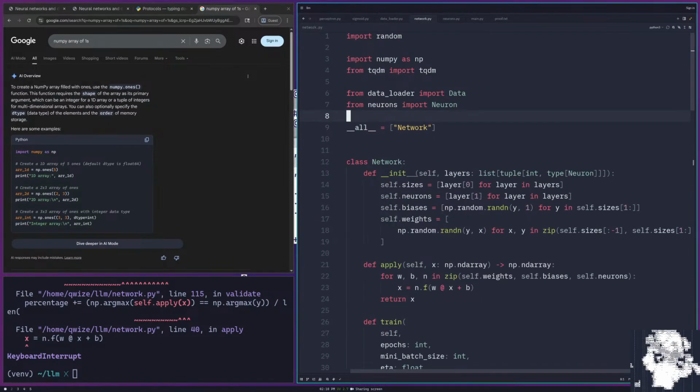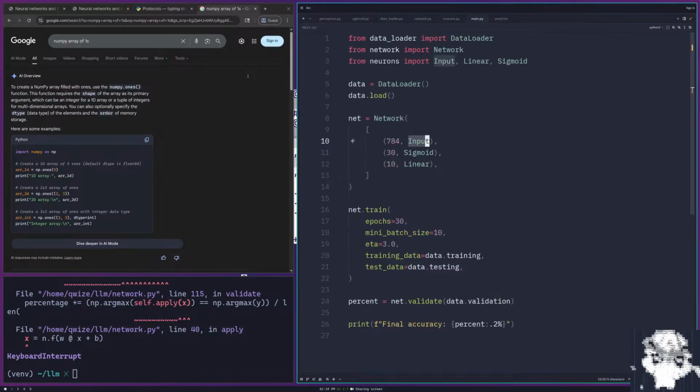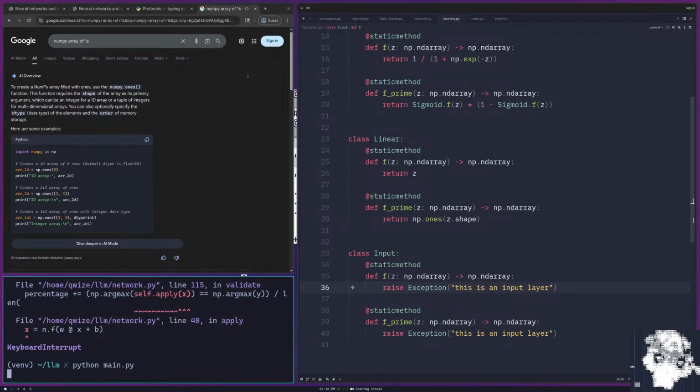I'm doubting myself. Yeah, because we have one less. Okay, so the sizes are these. The neurons, skip the first layer. They don't matter. They're input layers. Okay, how does this do?